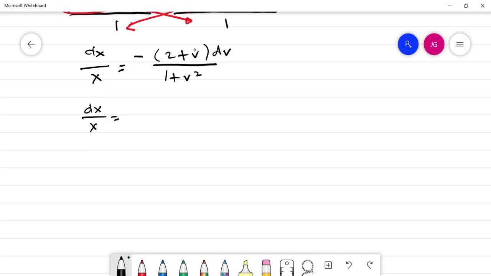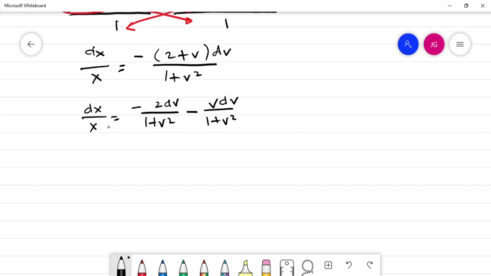Okay, so we have two terms sa atuang numerator, so which means pwede na to ni-sulat as negative 2 over 1 plus v squared, then minus na to dv, then minus v over 1 plus v squared, then dv.